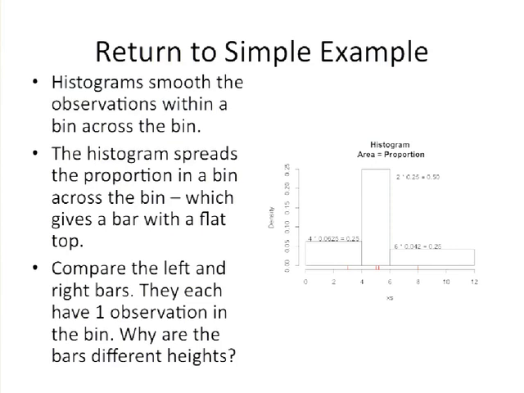On the other hand, for the bin from 6 to 12, I take the width, which is 6, and the height, which is roughly 0.042, and I multiply them together, and I get 0.25. So the area of those bars is the proportion.